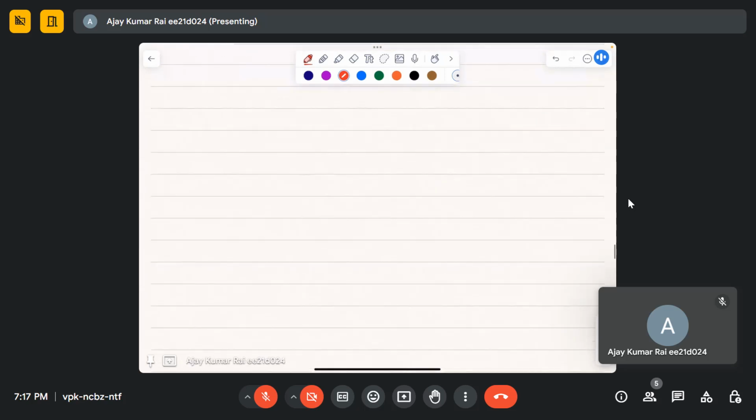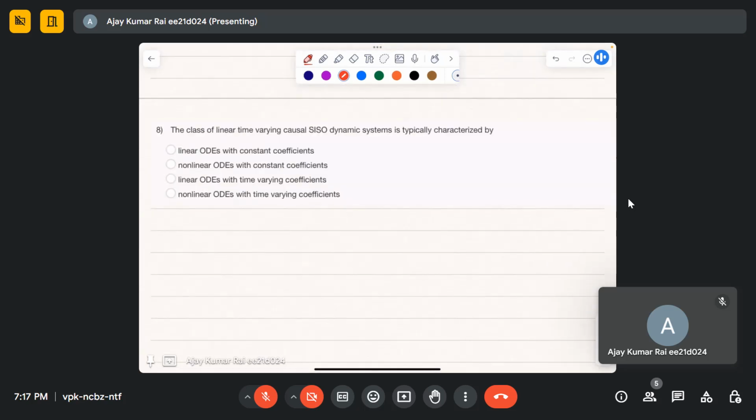Actuator dynamics, sensor dynamics. The class of linear time varying causal SISO dynamic system is typically characterized by, you see, linear time varying. Time varying means we'll have coefficients which depend on time, so those will not be constant coefficients. So that is a linear ODE with time varying coefficients.